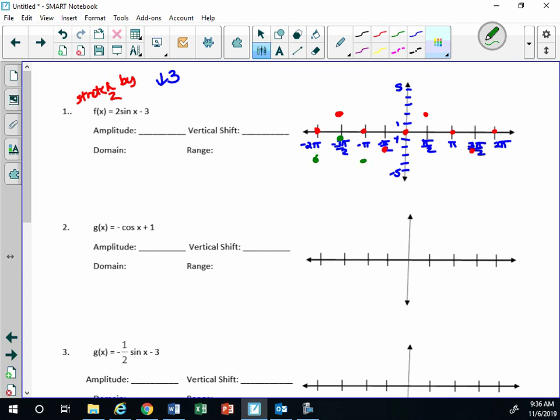So -2, that's going to come all the way down to -5. On this page, but I'm not going to check.